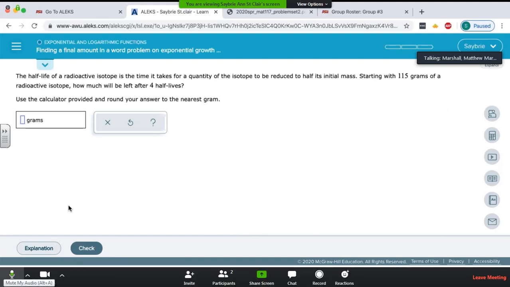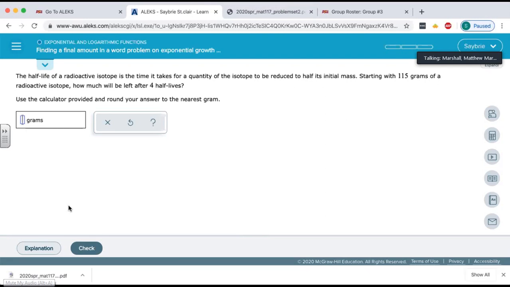So after one half-life, you're down to a half. So you're starting out with 1. After one half-life, you're down to a half. After another half-life, you're down to... No, that would be 1/4. Because you're halving that again. And then one more half of that would be 1/8. I'm not sure if you're following along there.